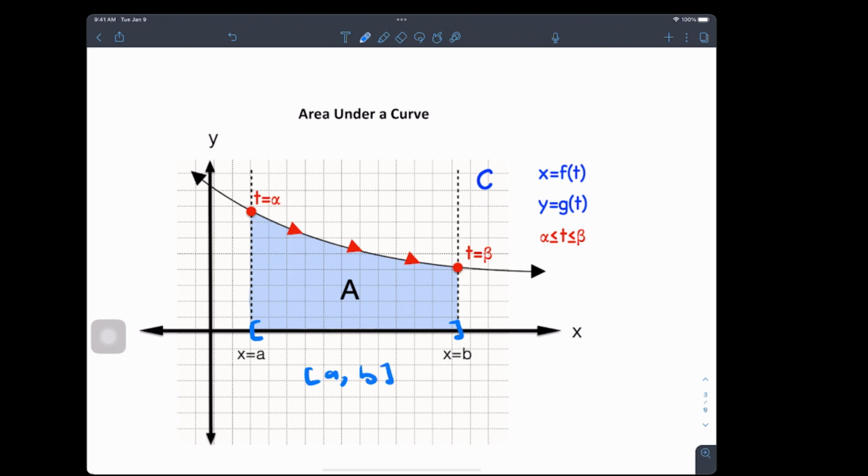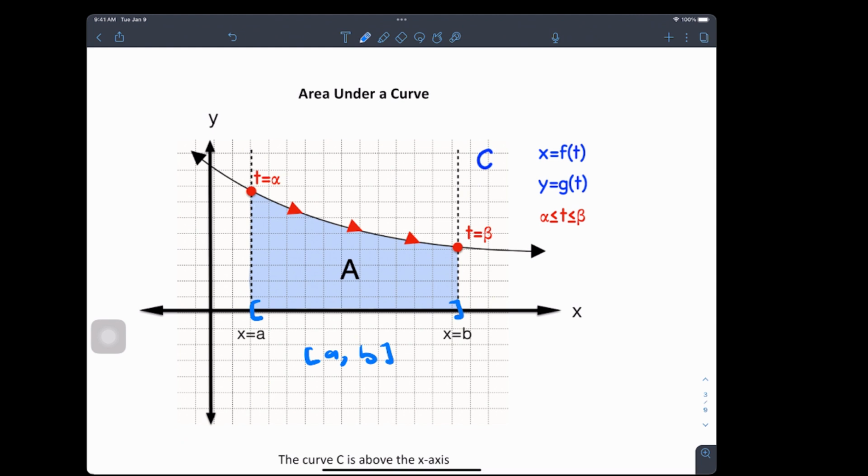Okay. So we're going to take a look at this picture. And remember, these are parametric equations here. Okay. So this is in my worksheet, the notes I sent you guys last time, and I'll demonstrate to you where this comes from.